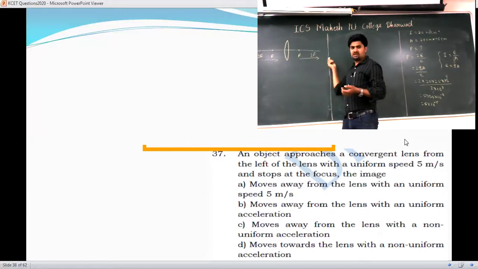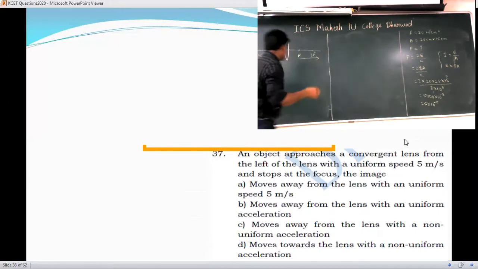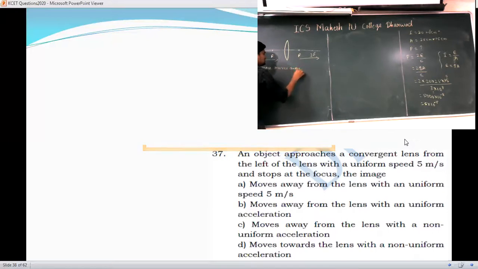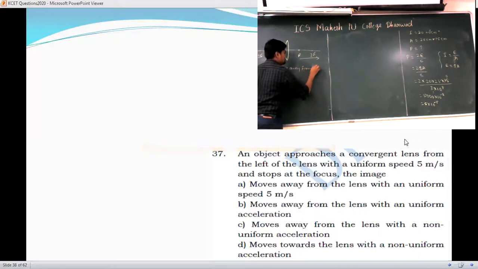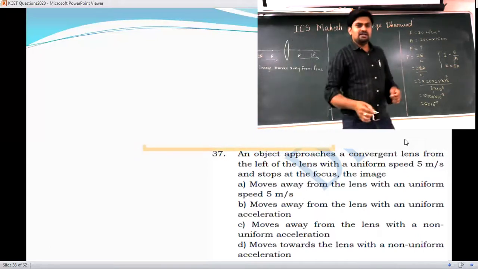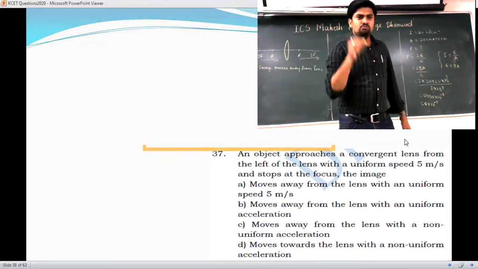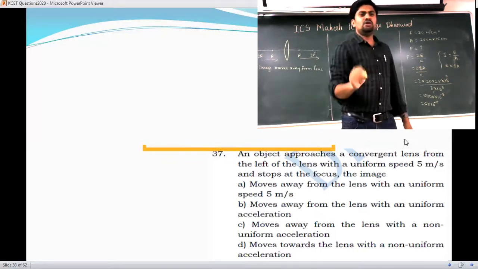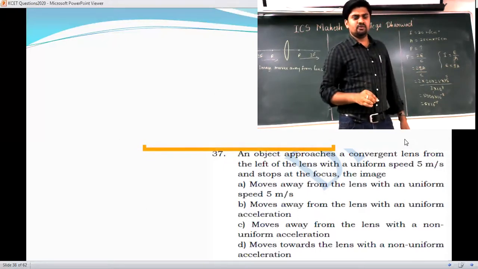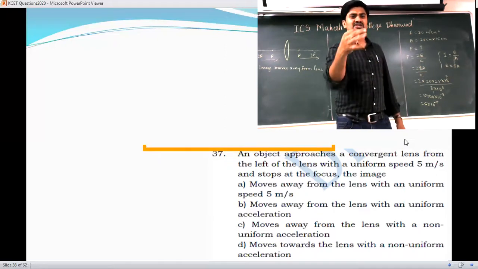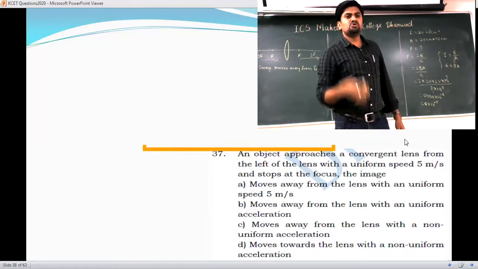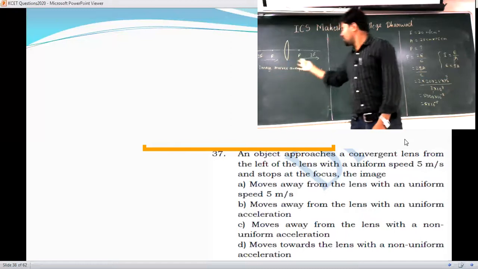So I can write: image moves away from the lens. Now when you see the options, the fourth option says moves towards the lens, so option D gets cancelled. That is not suitable as an answer because here it is moving away.